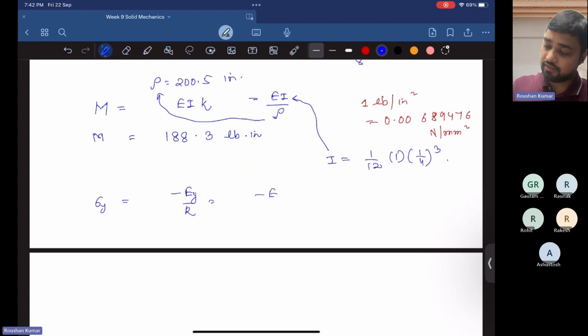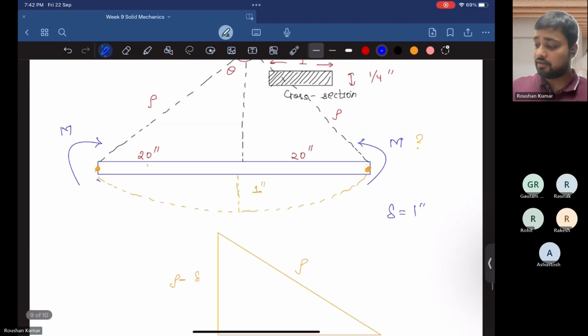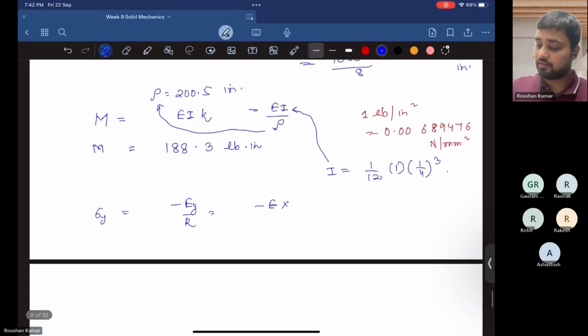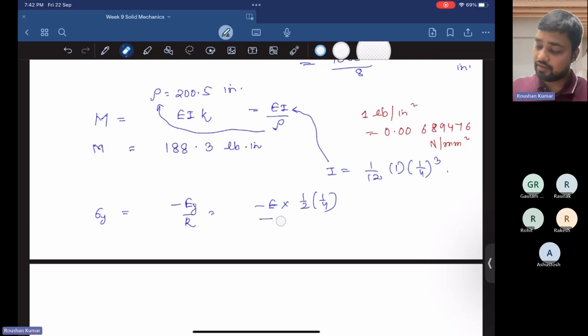And what is y here? y is basically half of 1 by 4 inch, that is the location of the topmost point from the neutral axis, upon R. And what is R here? We can take 1 by R as rho, and we can find the value of rho.